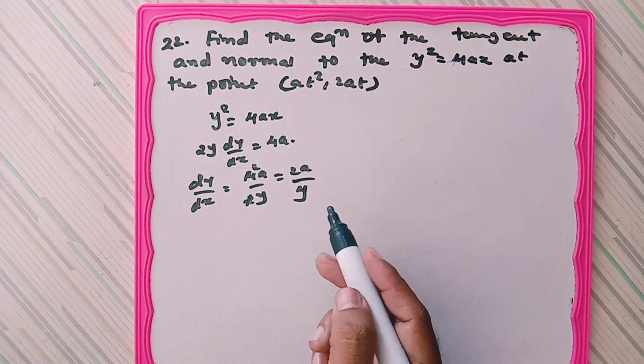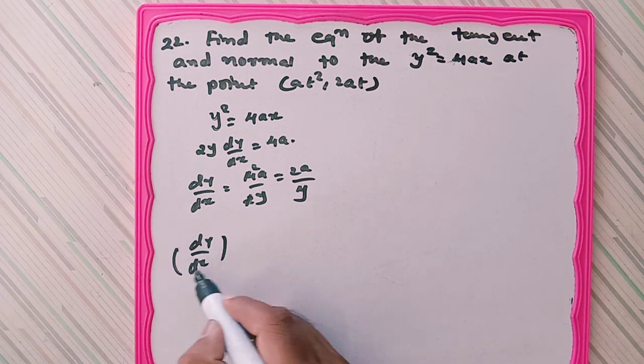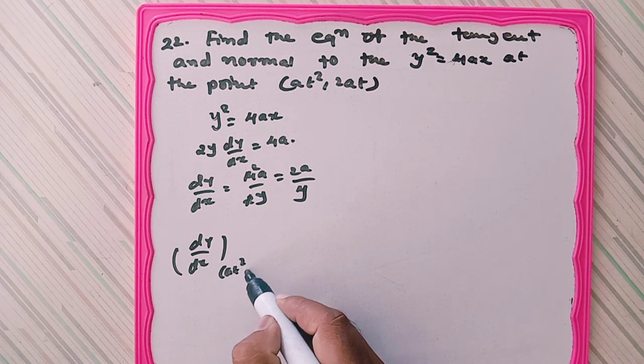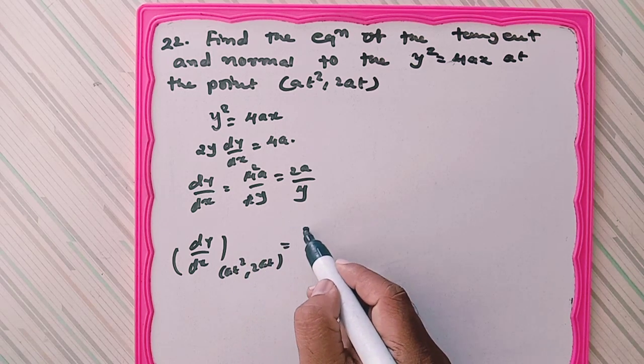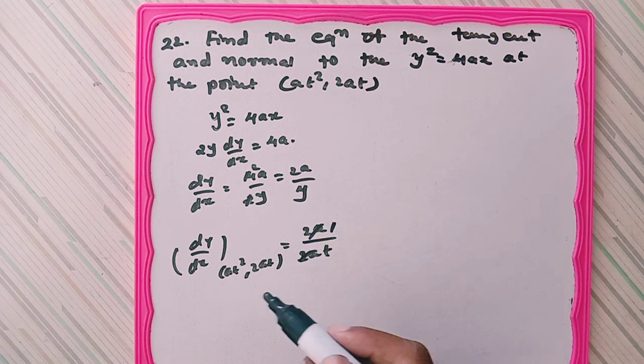So now we want the equation of the tangent and normal. So dy/dx at (at², 2at) will be 2a by 2at. So 2a, 2a cancel, then 1 by t.